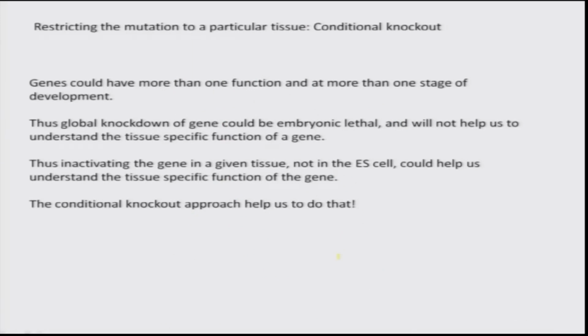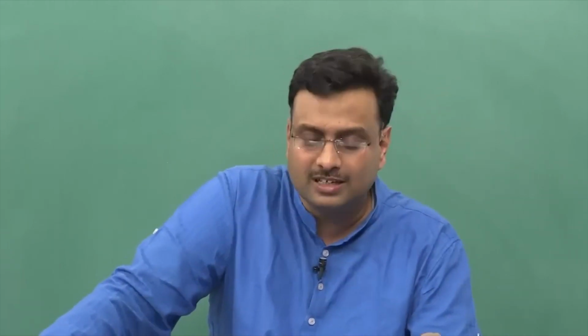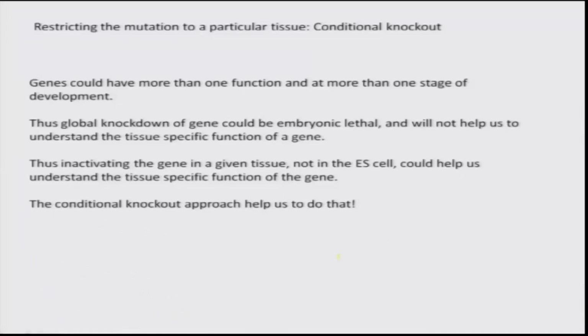Now when you do such an approach, what we had discussed is that this deletion happens in all the cells that the animal carries, because you have deleted it in the embryonic stem cell itself. So every tissue that is derived from embryonic stem cells will have the deletion. But the bottleneck is that the gene you are studying may have more than one function.